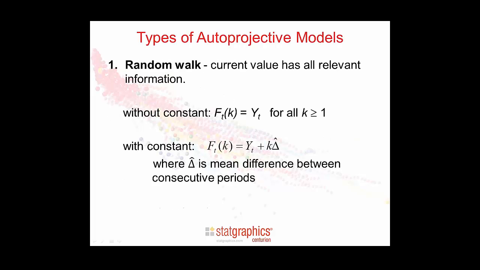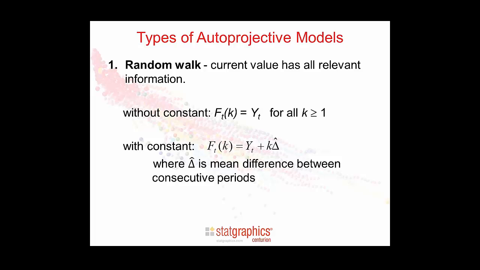Okay. Well, let's talk about different types of auto-projective models to begin. The automatic forecasting procedure, which I'll be demonstrating for you in Statgraphics, fits something on the order of 6 different types of forecast models. The first and simplest model that it will try is something called a random walk.